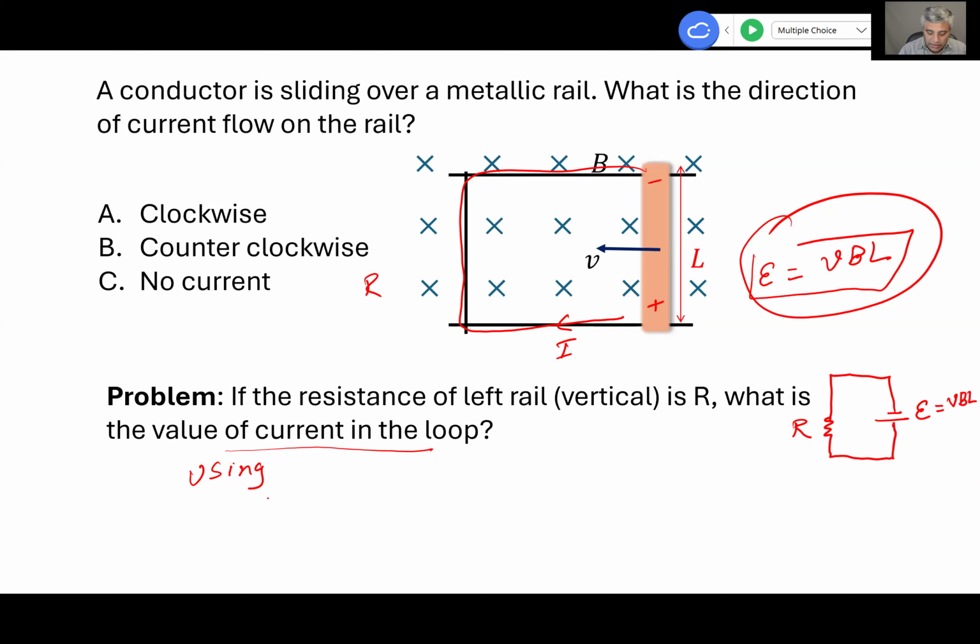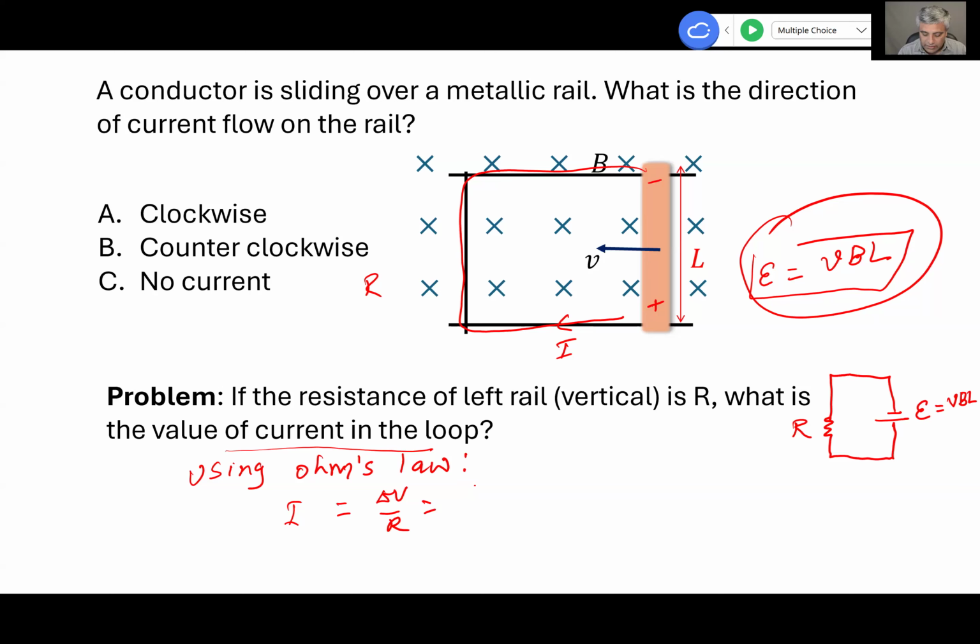Okay. So using Ohm's law, since there is one source and one resistor, the current is voltage over resistance.